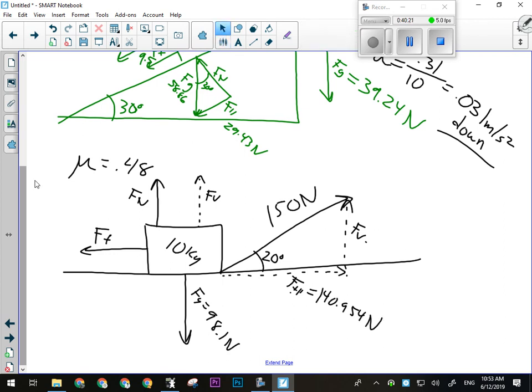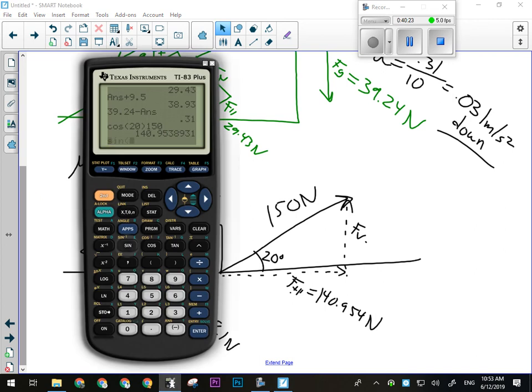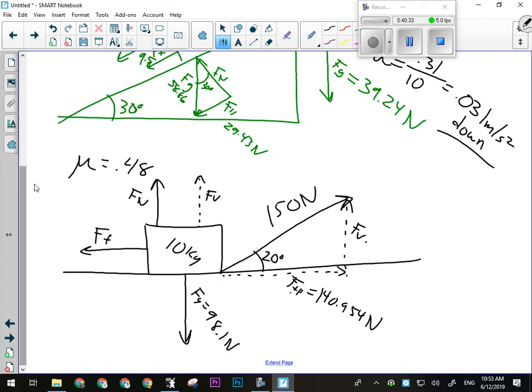The force vertical is the opposite side, so that'll be the sine of 20 times 150. Okay, so 51.303 newtons. So now I don't need this anymore.